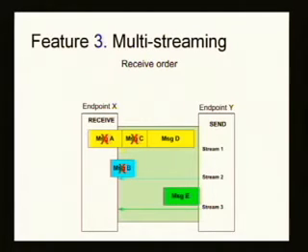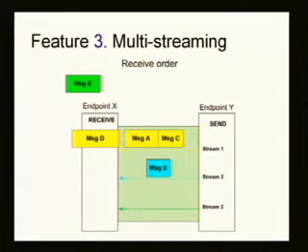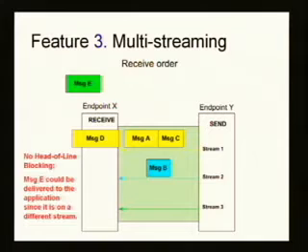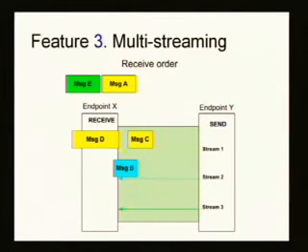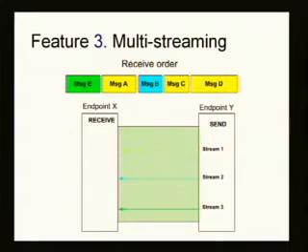SCTP can still deliver message E to the application, thereby avoiding the head of line blocking problem that was present in TCP. Then once A, B, and C are retransmitted, you still can't deliver D to the application until the end. This is because order is only maintained within a particular stream.